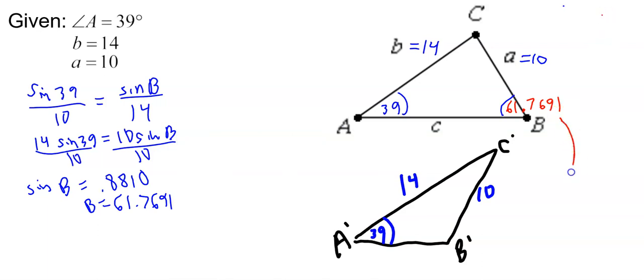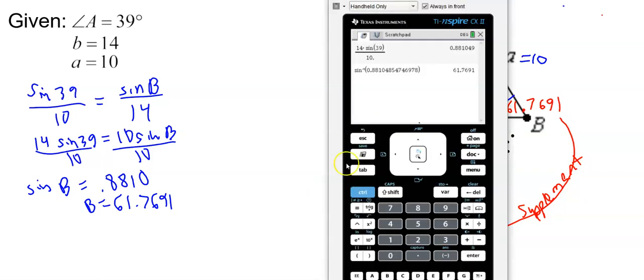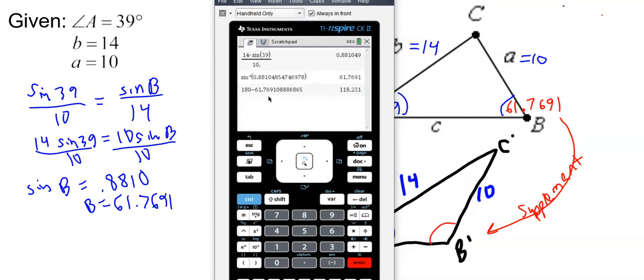You want to take the supplement of the 61-degree angle here. So 180 minus that is 118.2309.